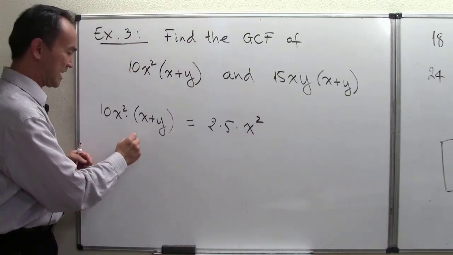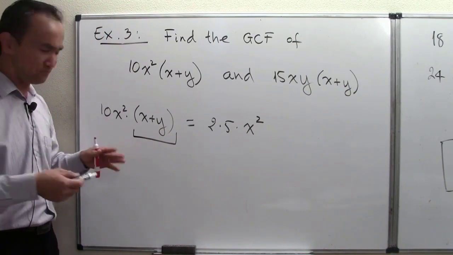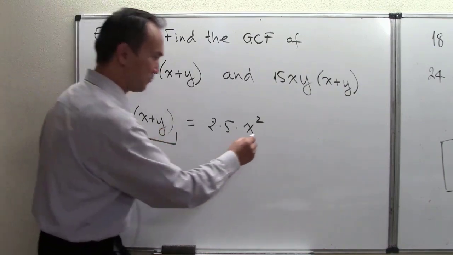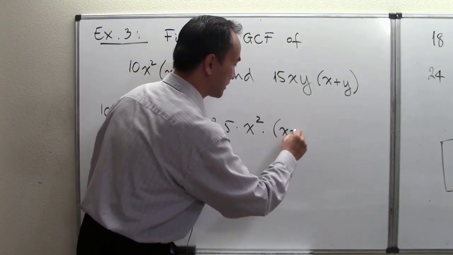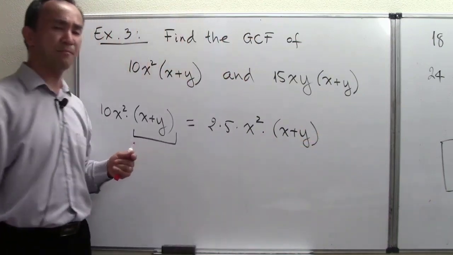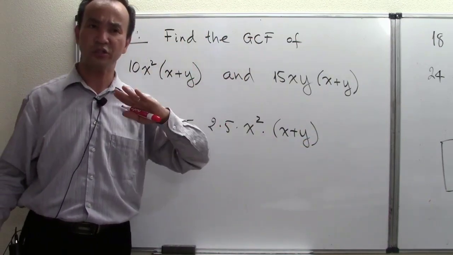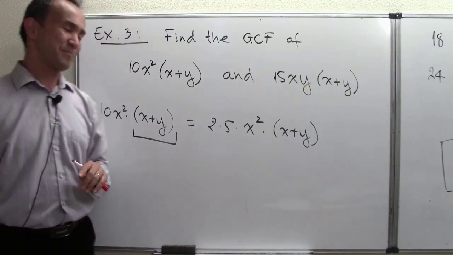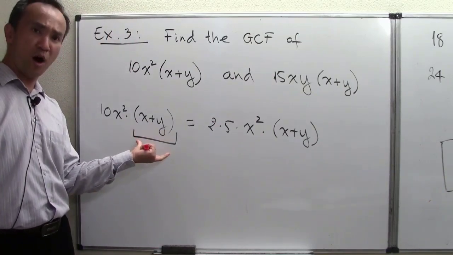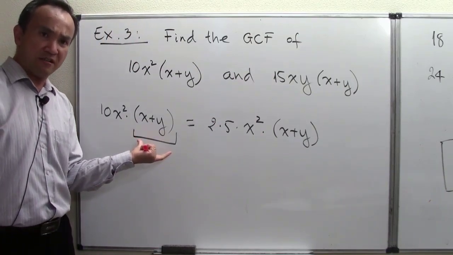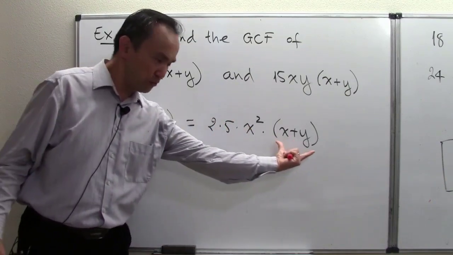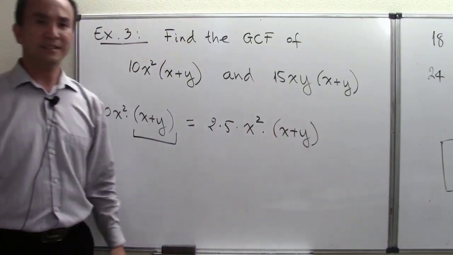What about the scary looking expression right here? Well, if that's all it is, we have our right to just write it x plus y. That's all it is. I've been emphasizing that. Let's treat it as 1 unit. I take the whole thing here as 1 unit, 1 variable, 1 big crazy variable. We put it there as a prime value.